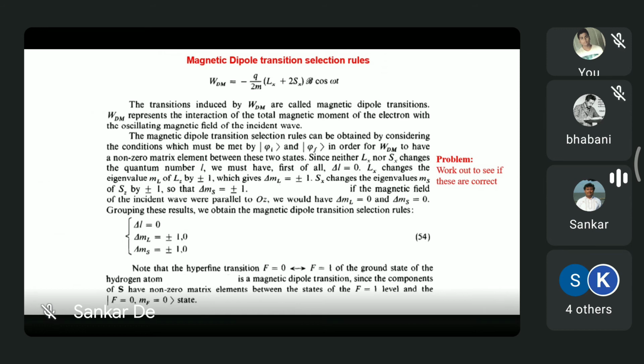So there Lx has to operate on Lz, and when it does that, the eigenvalue changes by plus minus 1. So you get delta ML equal to plus minus 1 as a condition. And similarly for Sx, it changes the eigenvalue Ms of Sz by plus minus 1.